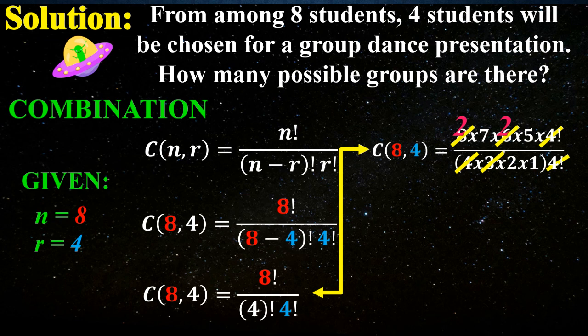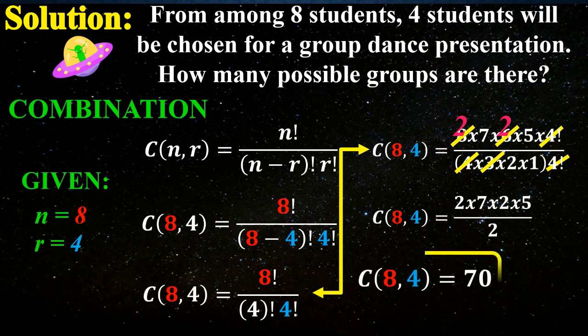That is also 2. Then, copy all the remaining numbers. So, the remaining numbers for our numerator, we have 2, 7, 2, and 5. For our denominator, we have 2. Then, multiply 2 times 7 times 2 times 5. We have 140 divided by 2 is equal to 70.